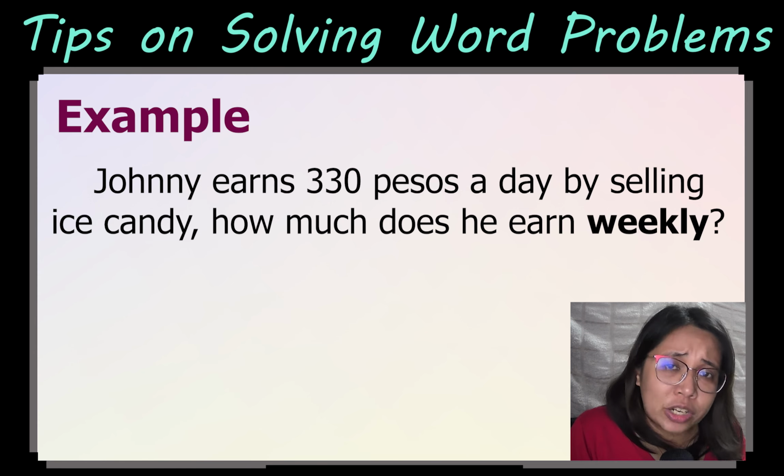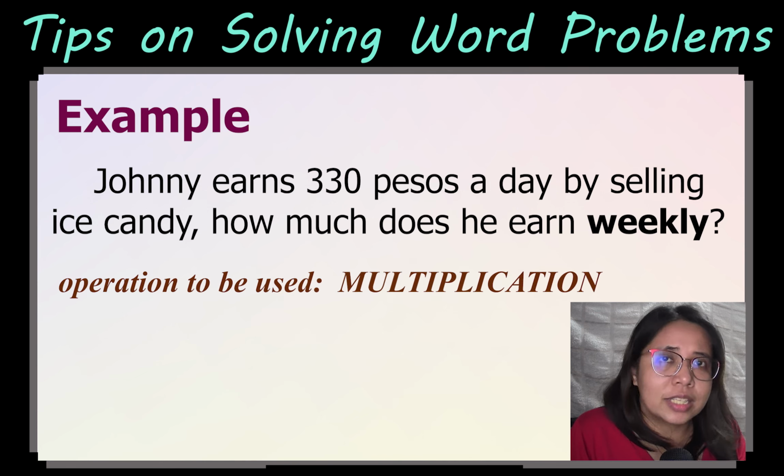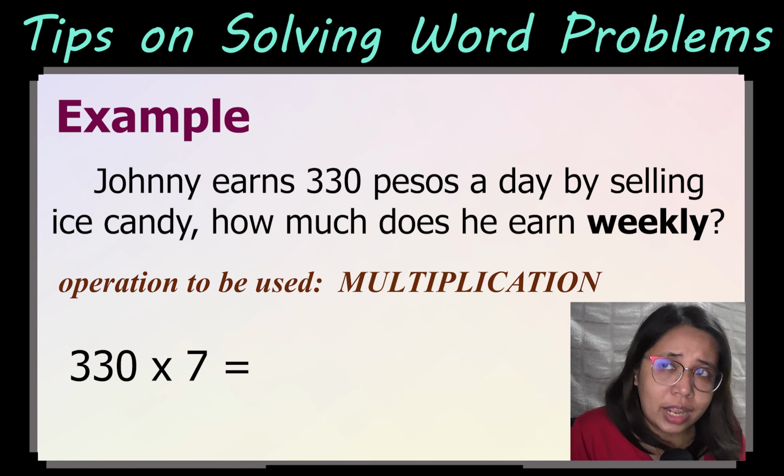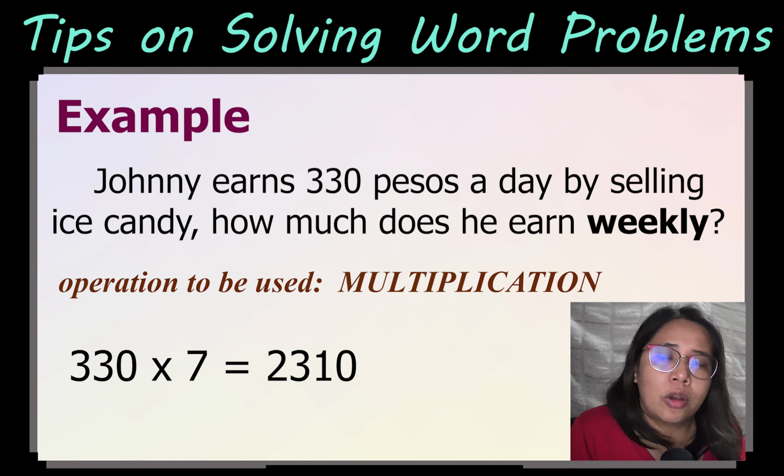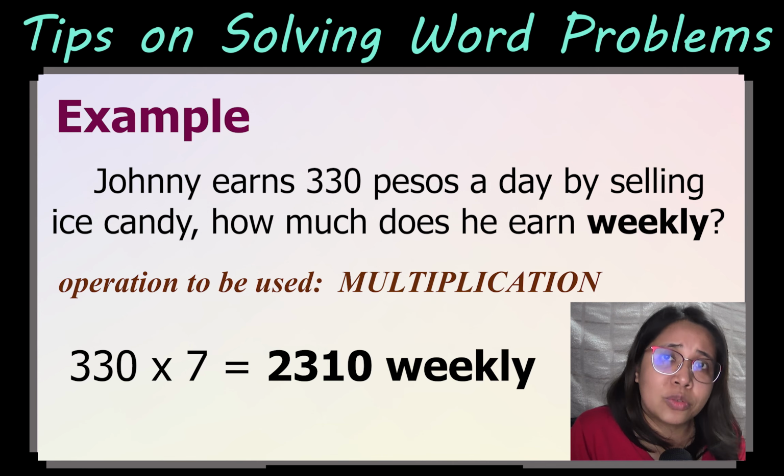So, ang ating operation na gagamitin ay multiplication by 7 kasi meron tayong 7 days sa isang linggo. So, ang solution natin ay 330 times 7 and that is equal to 2,310. Okay, and the answer is Johnny earns 2,310 pesos weekly.